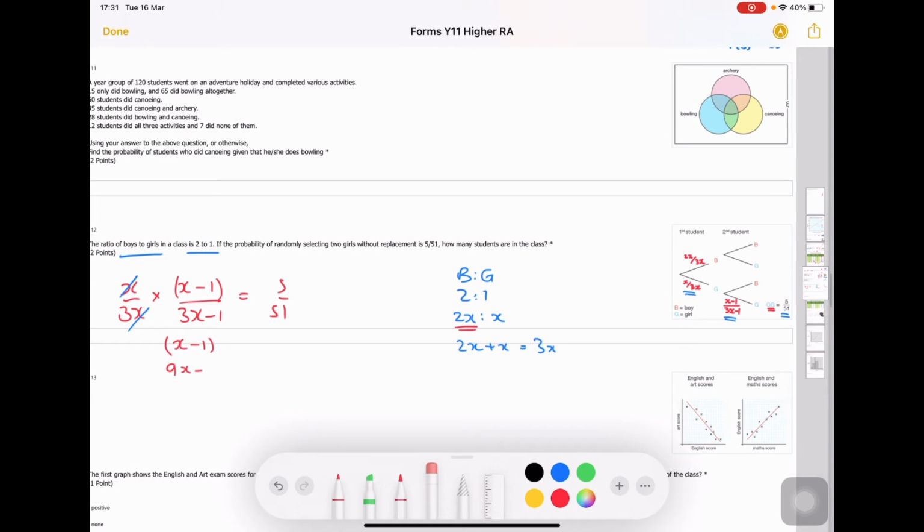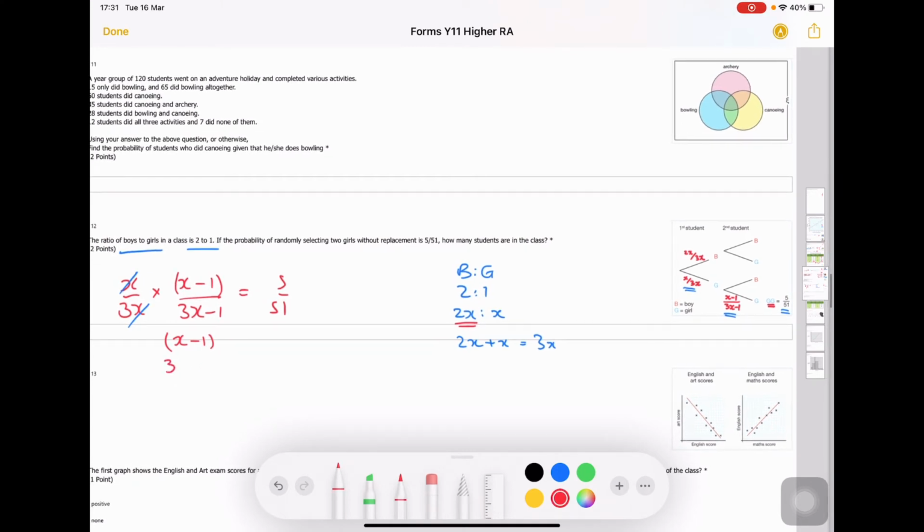Sorry about this. I don't want it to get too complicated. Cross multiply. So 51 times (x take away 1) equals 5 times 3, which is 15, times (3x take away 1).